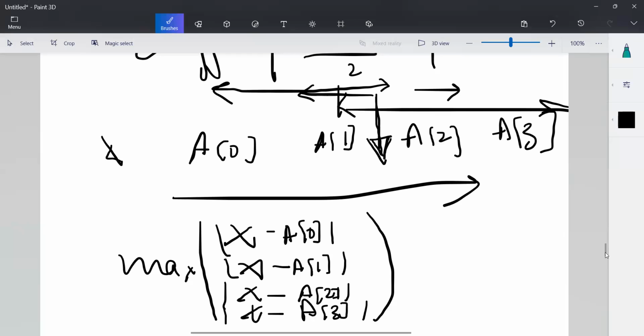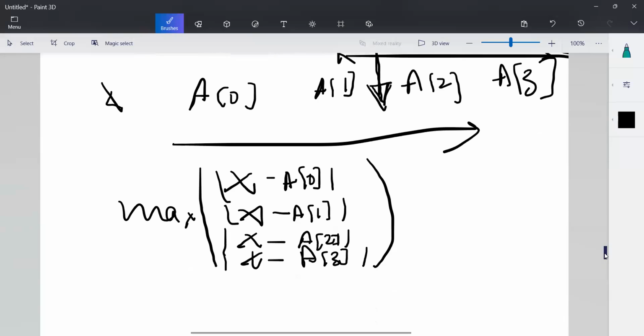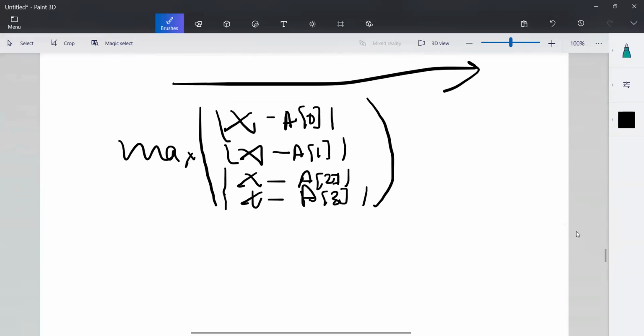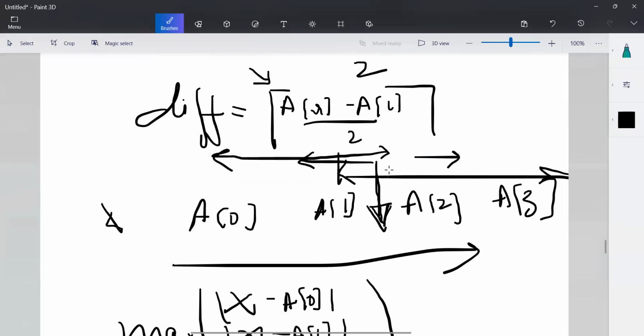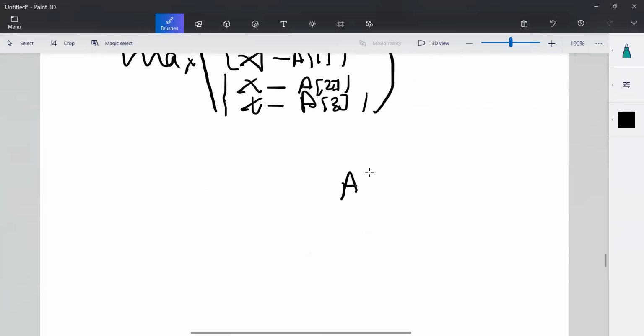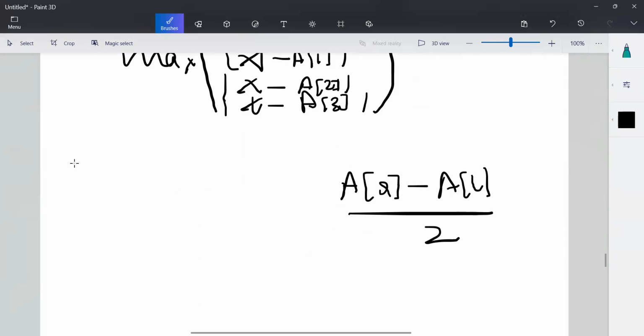So what about the difference? The difference between x and the right or left boundary will be a of R, the rightmost and biggest element, minus a of L, by 2. But let's say one was 1 and the other is 4. Let's choose 2. Then 2 minus 1 is 1, and 4 minus 2 is 2.